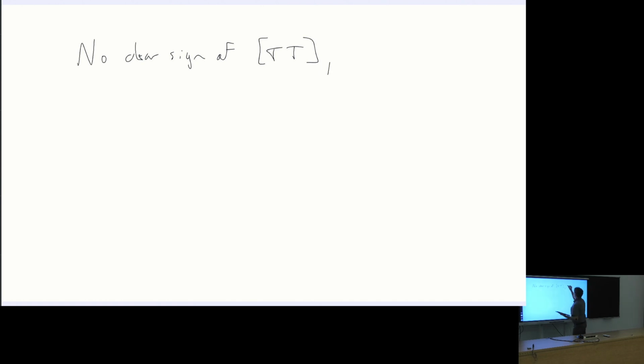No clear sign of epsilon t trajectories or sigma t trajectories. And so these things are basically missing in the current numerics. And we have, I think, a strong sense that if we wanted to push this understanding of the Ising island and the Ising spectrum to higher precision, then we need to figure out how to get these operators to show up.